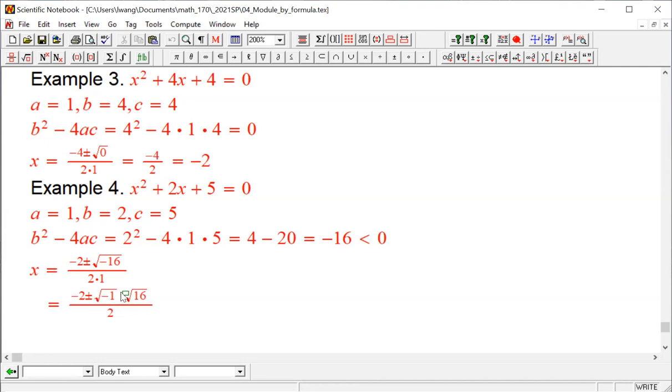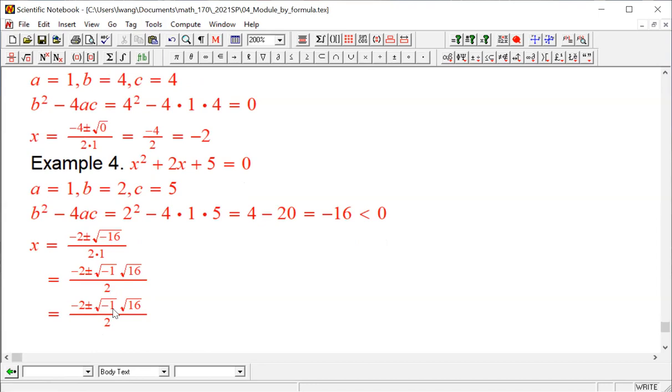Let me tidy it up a little bit. At this point, assuming you know about complex numbers, the square root of negative 1 is i, and the square root of 16 is 4. So this piece turns into 4 times i.